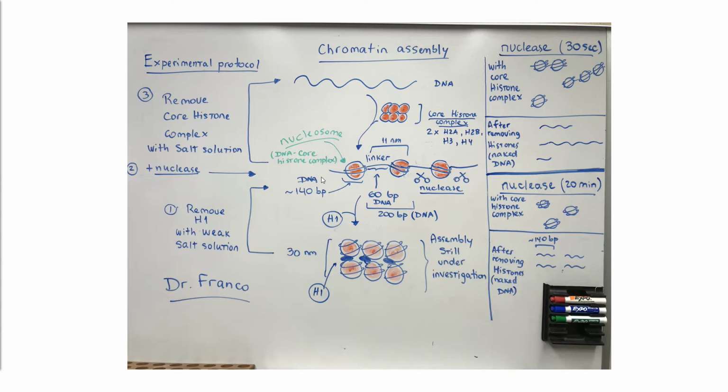If we treat an 11 nanometer fiber with nuclease for a short time, 30 seconds, we end up with a population of fragments of chromatin. And once we remove the core histones and run the naked DNA on a gel, we would expect to see a variety of fragments of DNA.